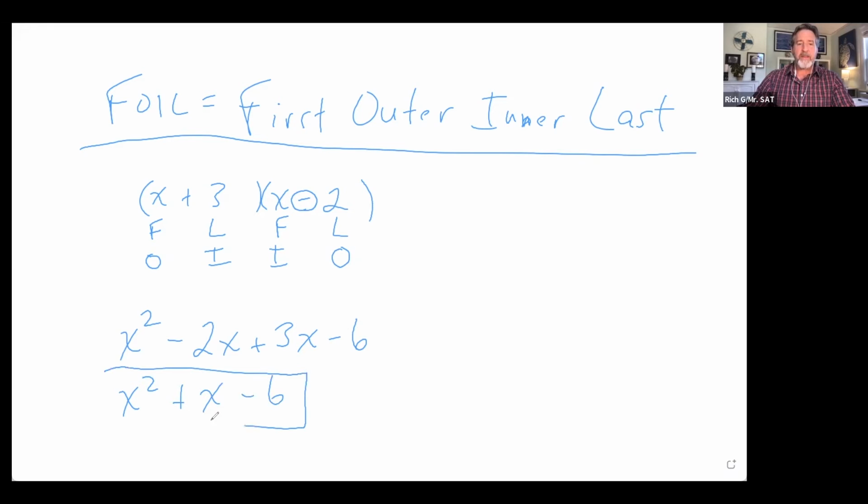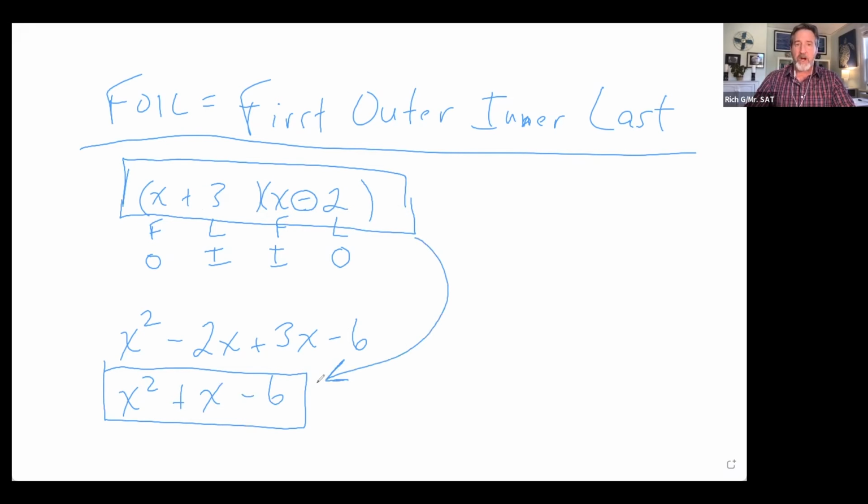So these 2 factors that are broken up into 2 parentheses, when you multiply them together, just like when you multiply 4 and 3 together, you get 12. When I multiply this parentheses times this parentheses, I get X squared plus X minus 6. That's how you do FOIL.